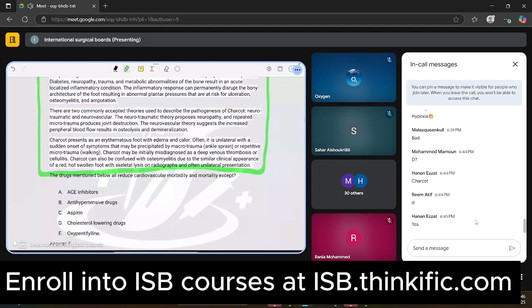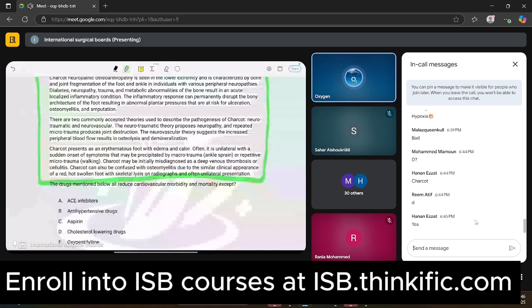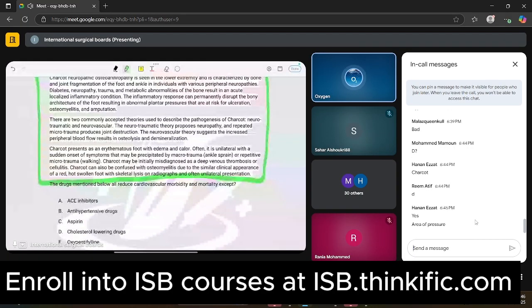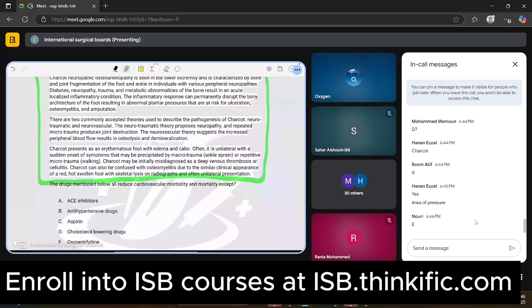The drugs mentioned below all reduce cardiovascular morbidity and mortality except: ACE inhibitors, antihypertensive drugs, aspirin, cholesterol-lowering drugs, and E, oxpentifylline.